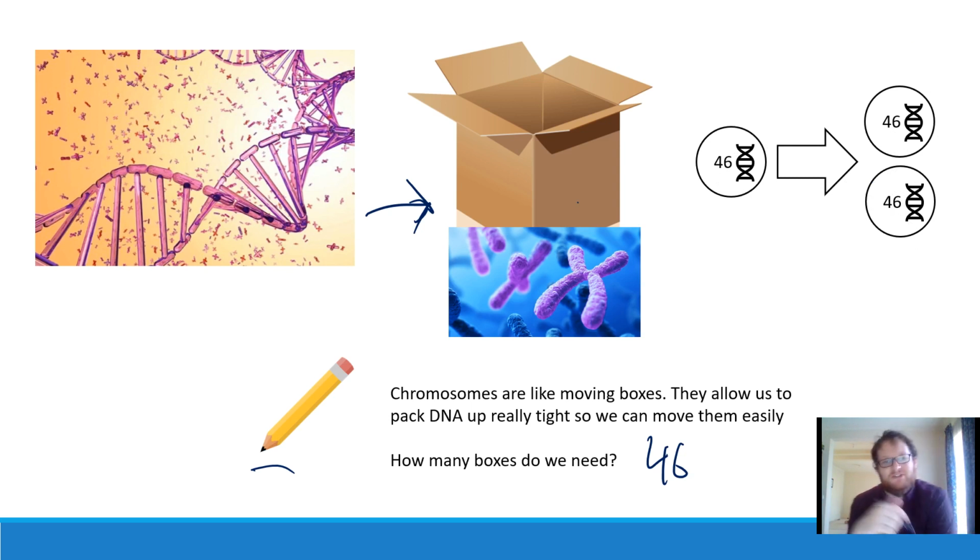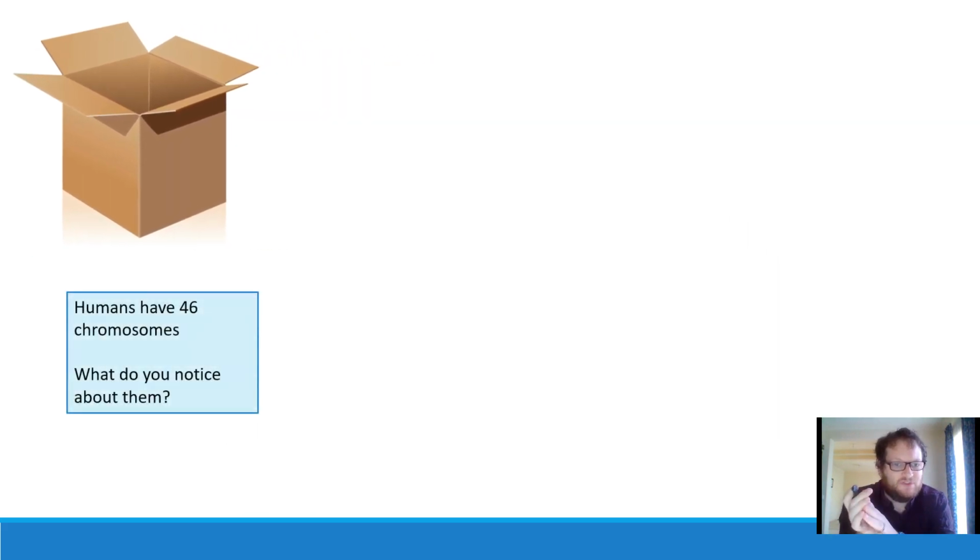It's because the boxes duplicate. I'm going to go through why that happens later on, not today. When we talk about splitting cells in more detail, the mitosis and meiosis things that we talked about last term, we'll explain that. Okay, so humans have 46 chromosomes.